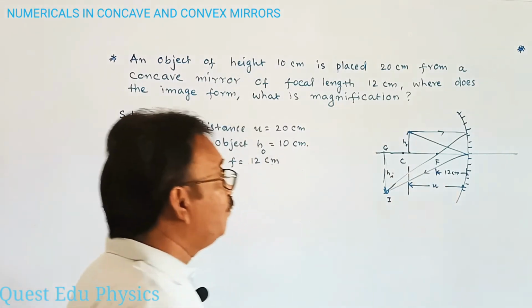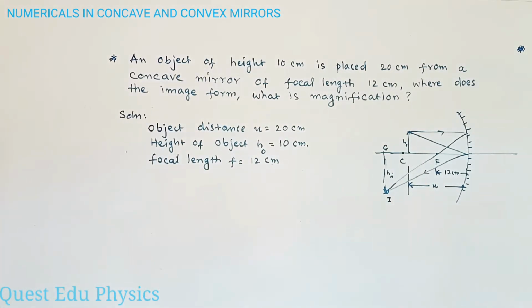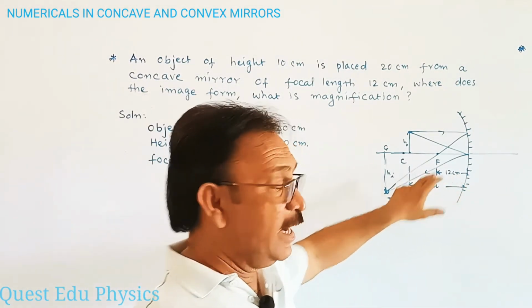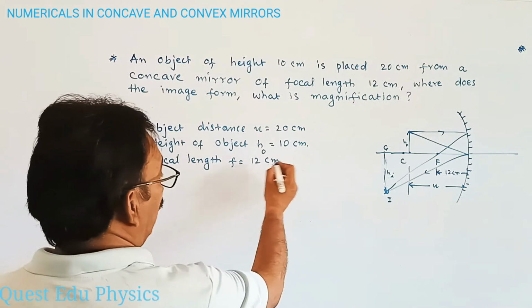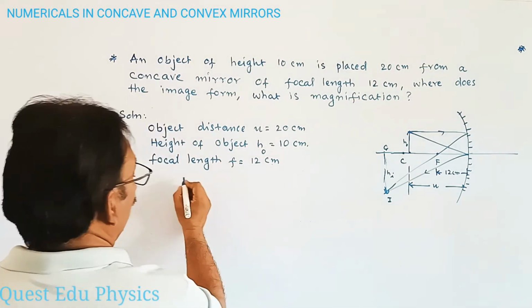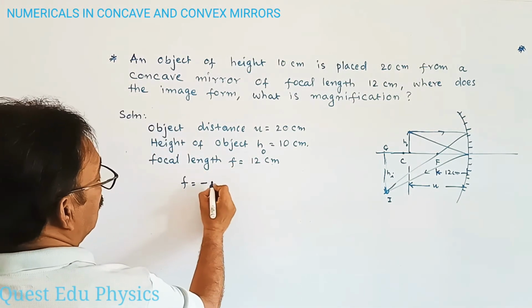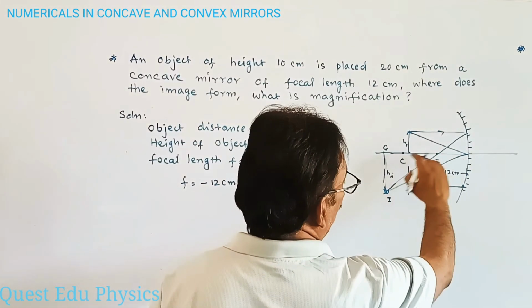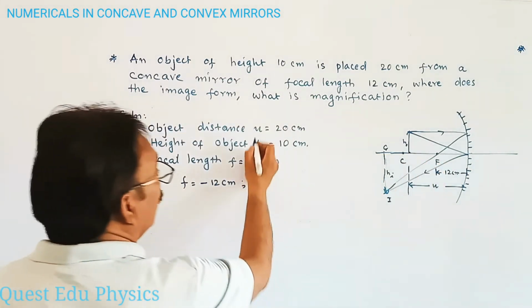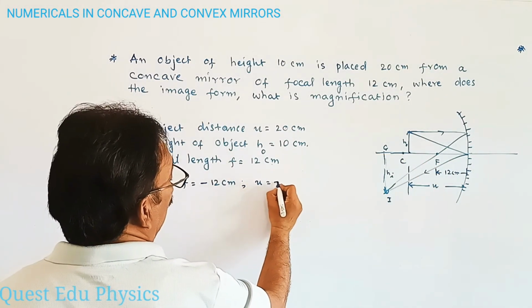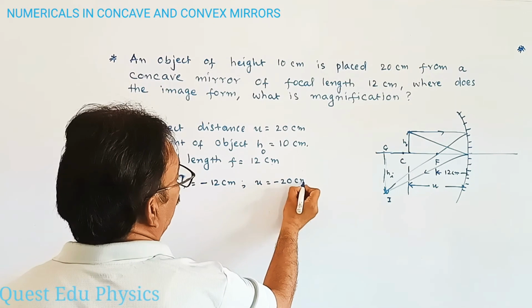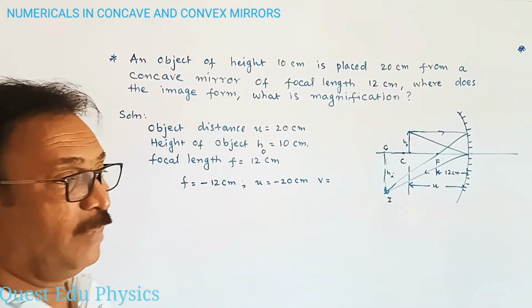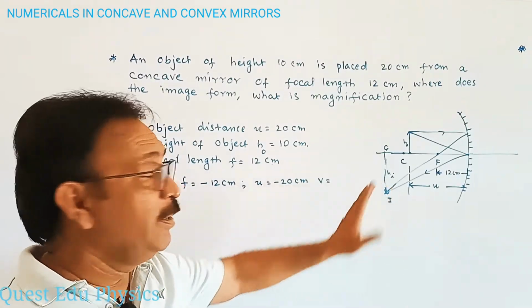Okay, students. Then we have to apply the sign convention now. Focal length is taken as negative. According to the sign convention, f becomes negative, that is minus 12 centimeter. The object is kept in front of the mirror, so u is also minus 20 centimeter. And third is the image. We depicted the diagram, but actually we don't know where the image would form.